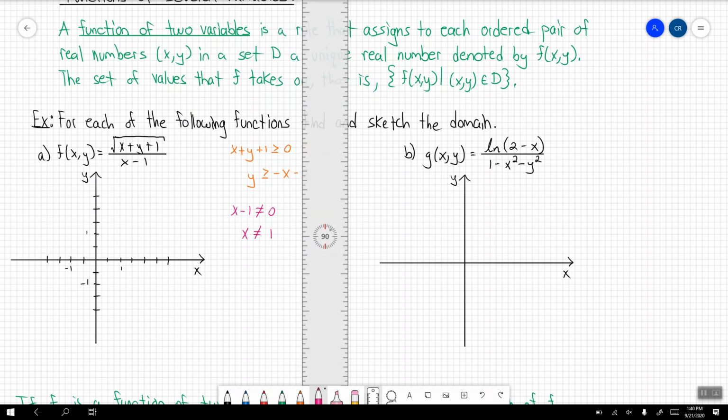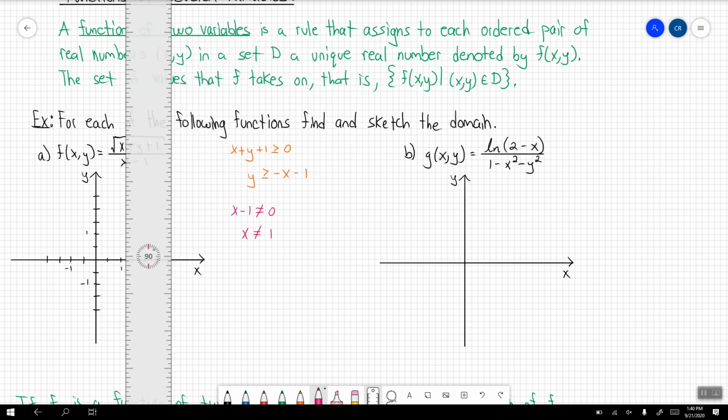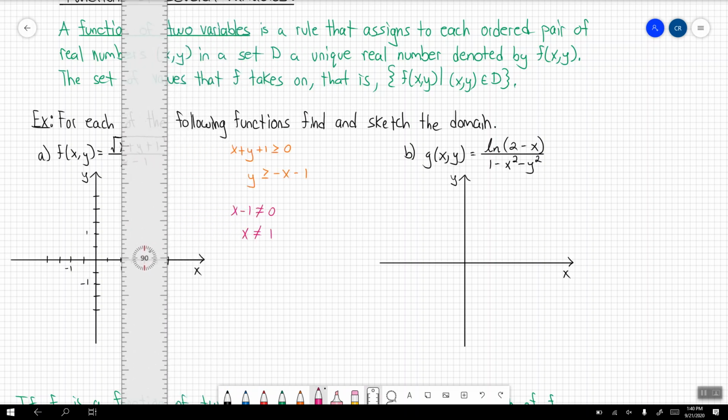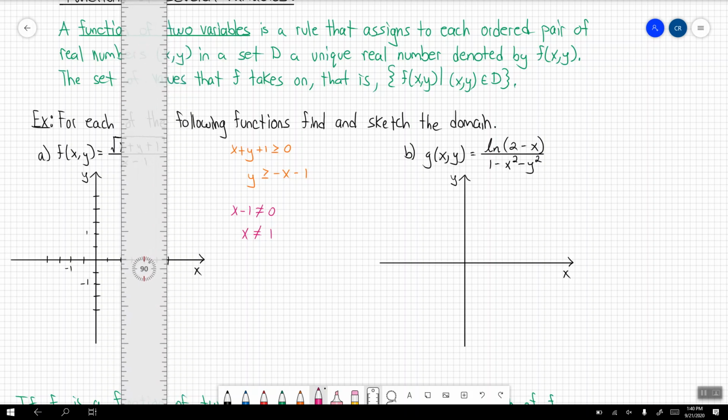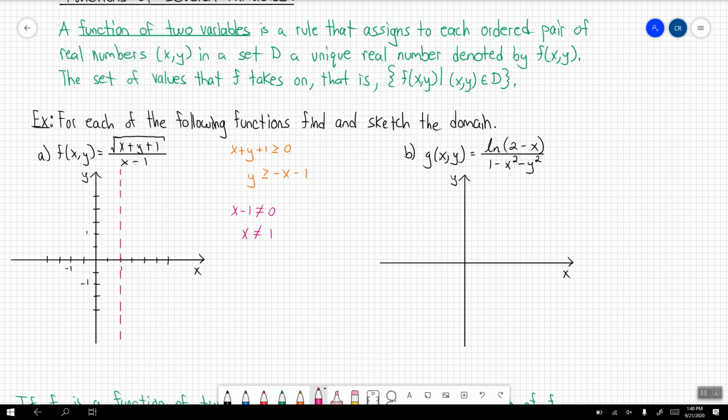Again, x is not equal to 1. This is going to be a vertical line, and since it's not going to be a part of my domain, I'm going to exclude this value. In other words, I'm drawing this dashed line because this dashed line will not be a part of my domain.